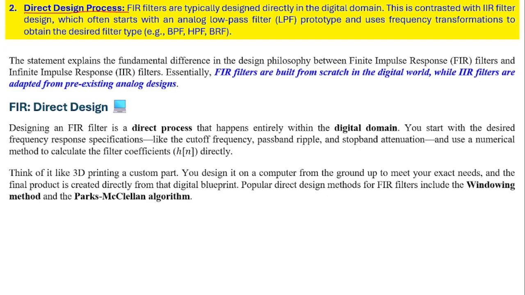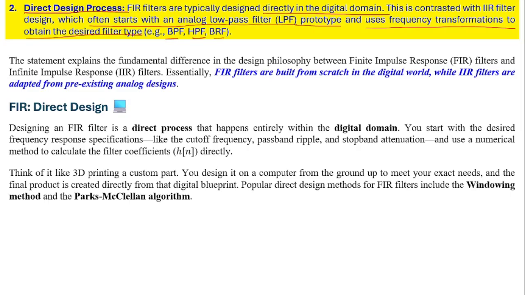Okay, so FIR filters are typically designed directly in the digital domain, whereas IIR filter design often starts with an analog low pass filter prototype and uses frequency transformations to obtain the desired filter type. Okay, band pass filter, high pass filter, band reject filter, or whatever filter you want to design.